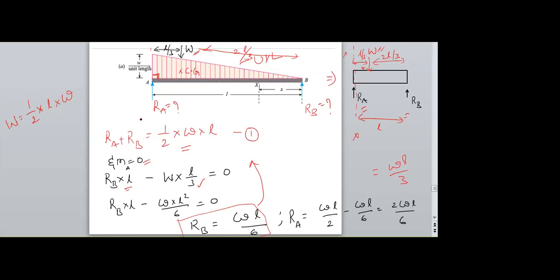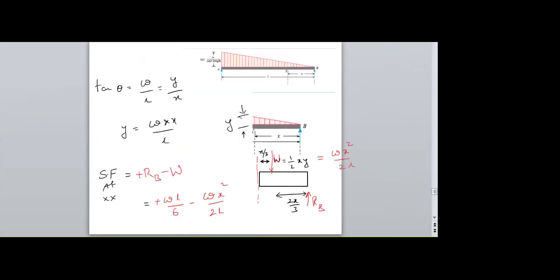So now I know the RA and RB. I need to find out the shear force diagram by using the formula. So now I need to consider a section at a distance of small x from the B point.